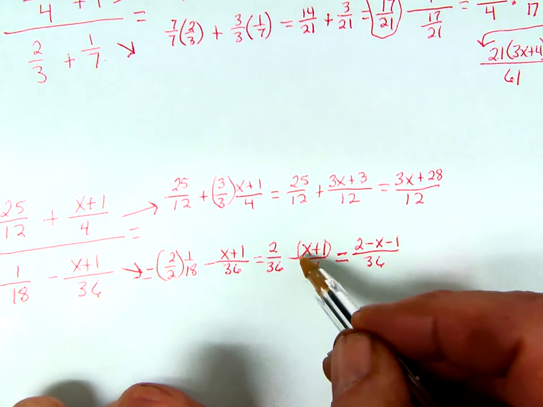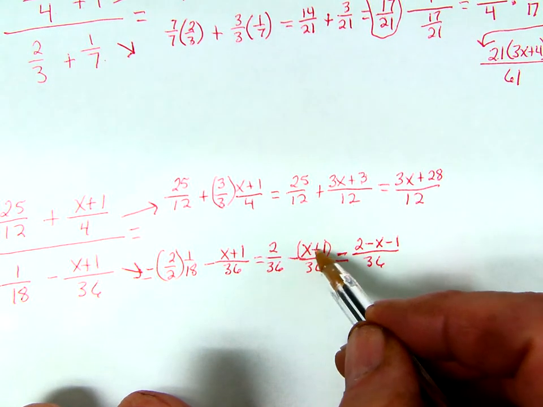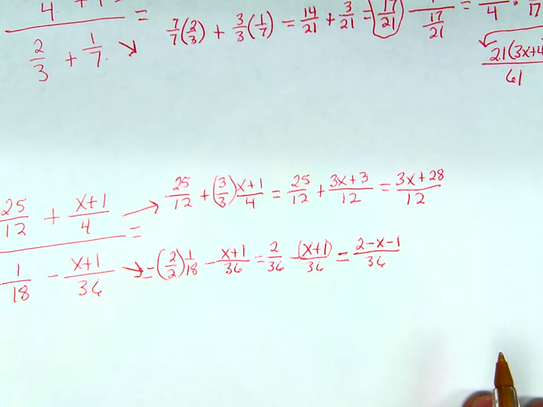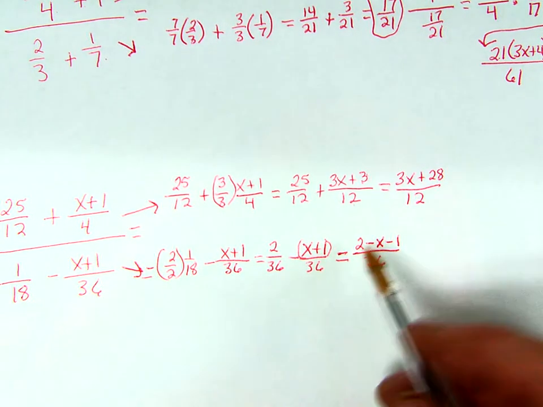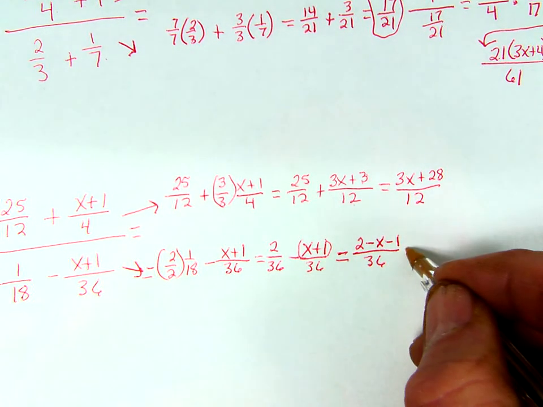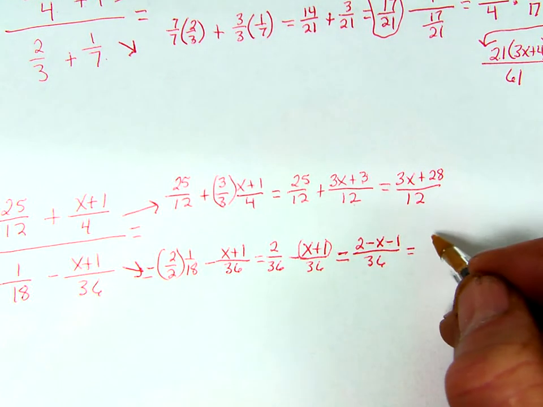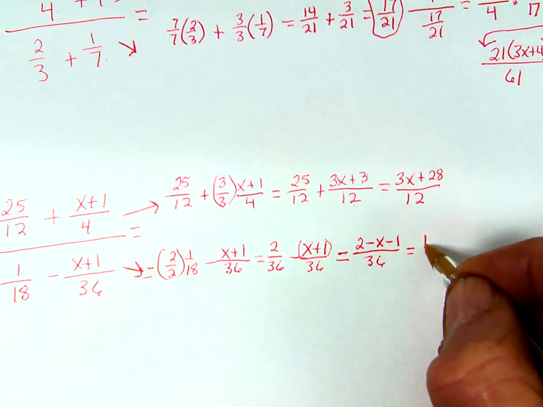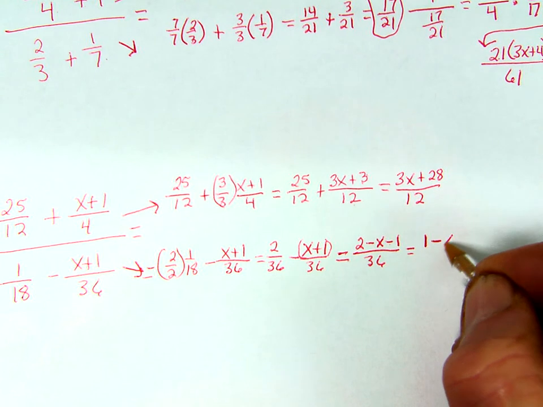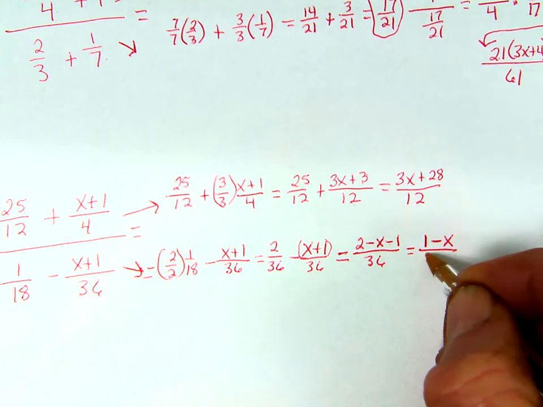This minus sign has to be distributed through these parentheses. Okay. 2 take away 1 is 1. So this is 1 minus x over 36.